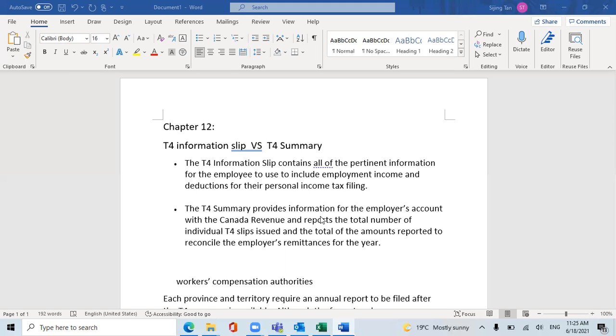The T4 summary provides information for the employer's account with the Canada Revenue Agency, and reports the total number of individual T4 slips issued and the total amount reported to reconcile the employer's remittance for the year. So these are the differences between the T4 and the T4 summary.